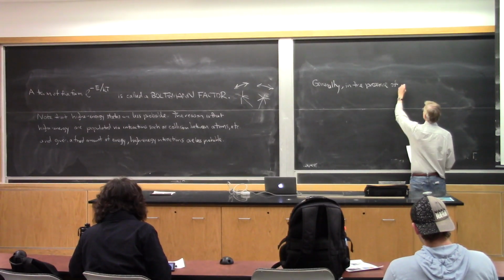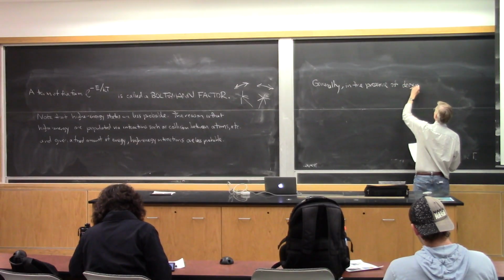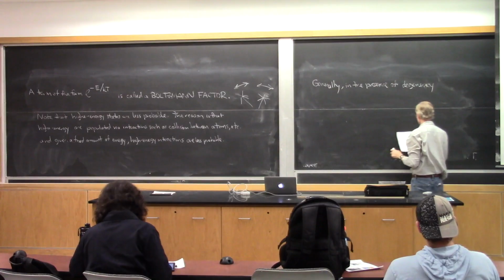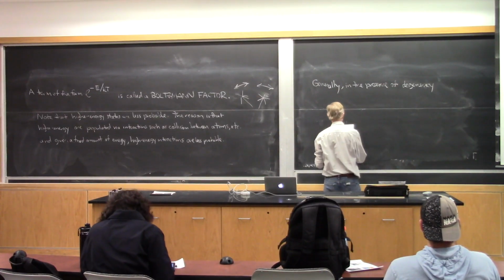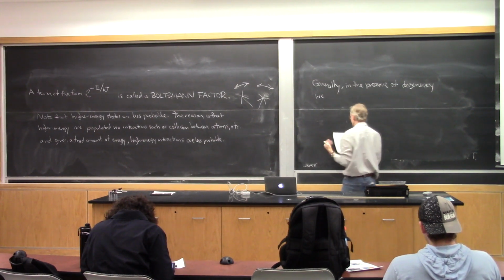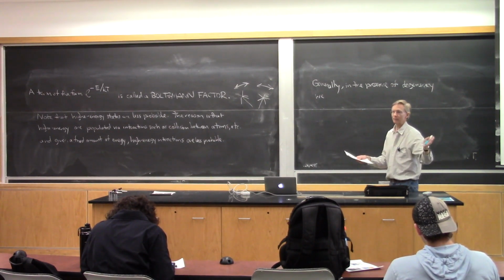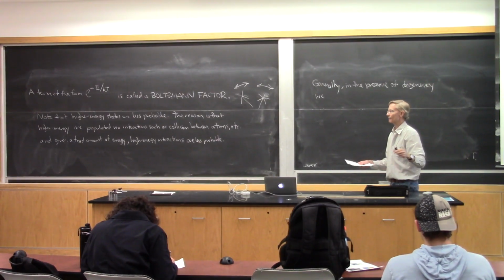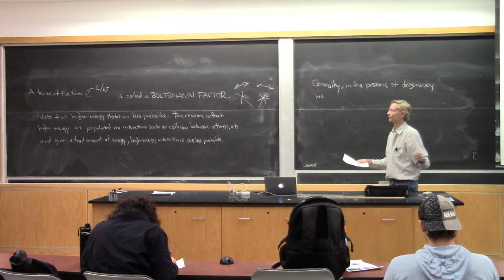In the presence of degeneracy, we are actually just interested in the populations of energy levels. We don't care about how many are in n equals 2, L equals 1, m sub L equals 0, m sub s is minus 1/2. I don't care. I just want to know how many are in n equals 2.